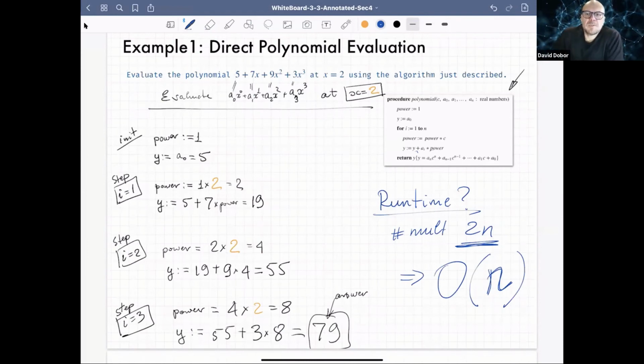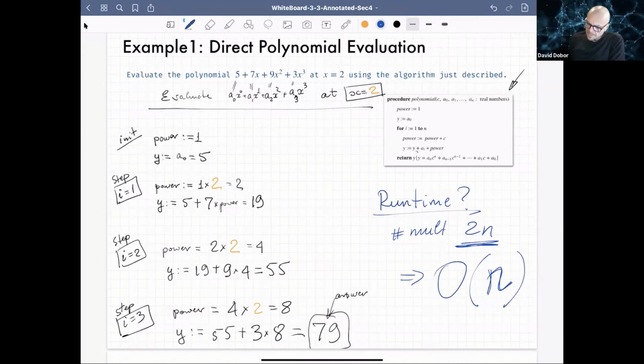Can I ever do this in constant time? I could never do this in constant time, right? Because I have to look at those n plus 1 coefficients. Otherwise, I wouldn't be looking at the polynomial itself. I need to know what the polynomial is, so I need to know every coefficient. As n grows, the number of elements that I have to look at will also grow.